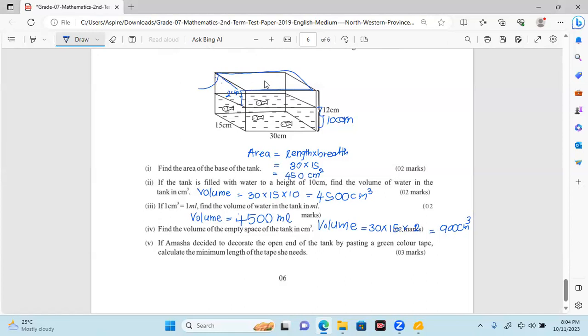This is 30 centimeters, this is 30 centimeters, this is 15 centimeters, this is 15 centimeters. All together, when you consider the sum of all these lengths, it is 90 centimeters, because you have to find the perimeter.